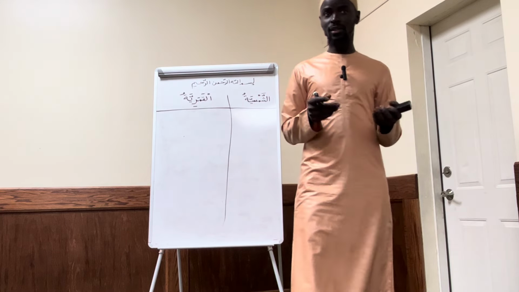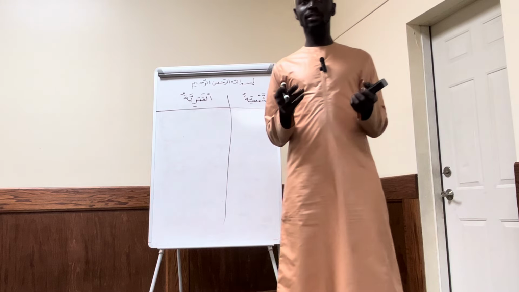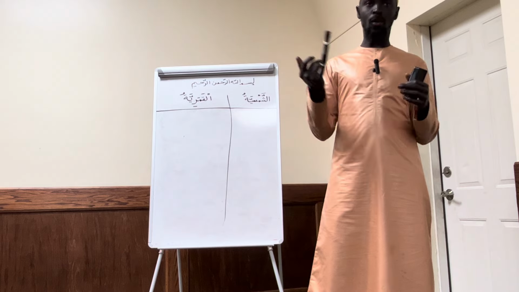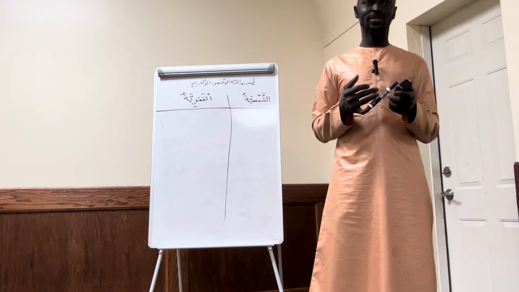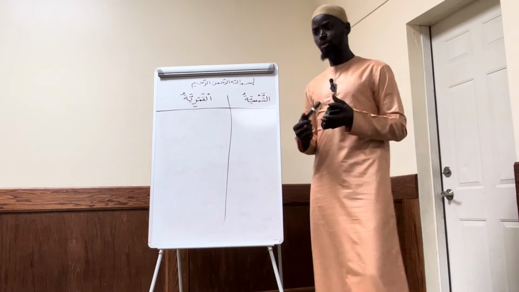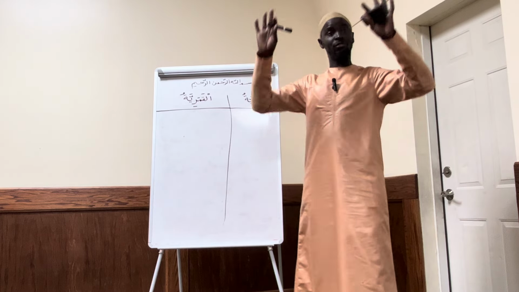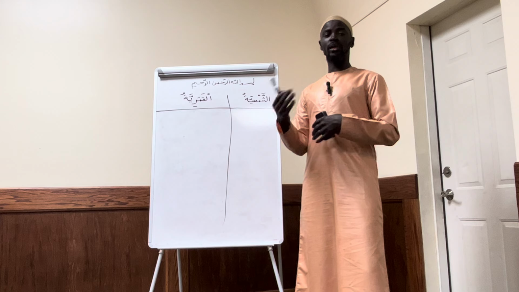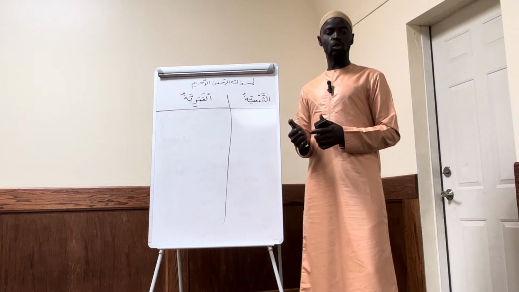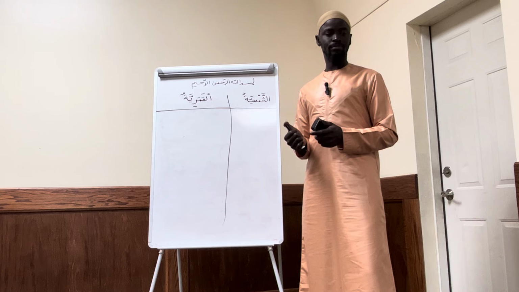Remember we did it last week Saturday, the sun letters and the moon letters, in our after Maghrib class, the Quran class. We didn't do everything, but we explained about Ash-Shamsiyya and Al-Qamariyya. Basiri, what do you know about Ash-Shamsiyya and Al-Qamariyya?